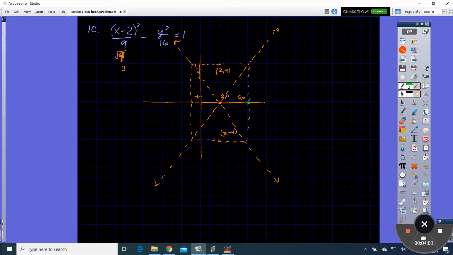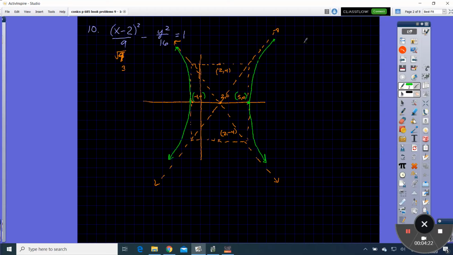So this is my vertex, 5, 0, -1, 0. That's my vertex. And it's going to come out this way. Going to come here. Going to come through there, go out. Going to come here, go out. Okay? So that's what my hyperbola is going to look like.